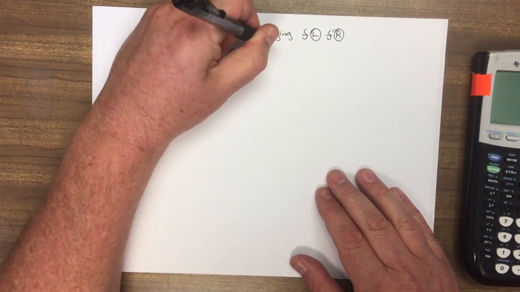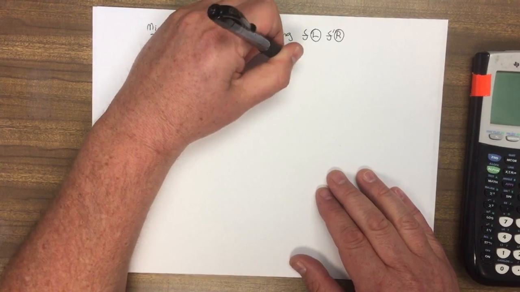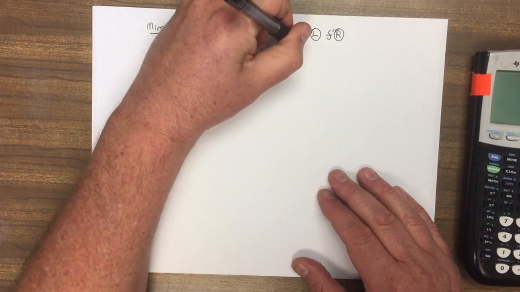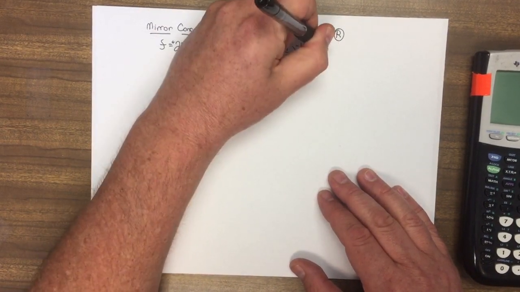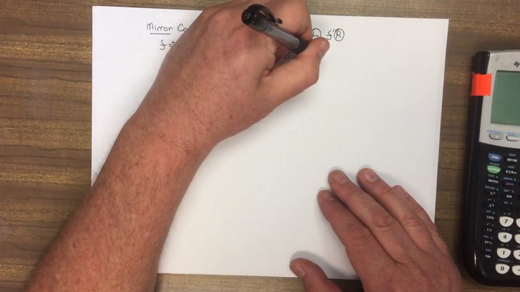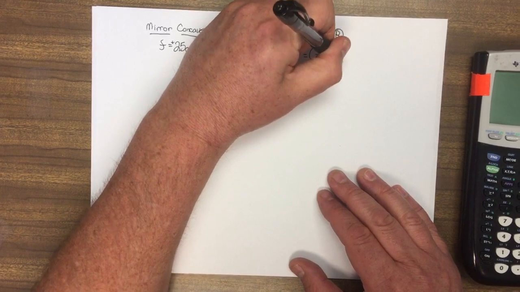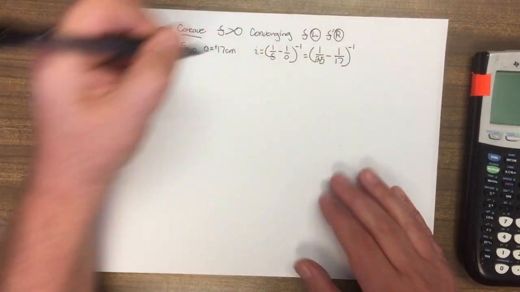So I is equal to 1 over f minus 1 over o. I know that's an object, not a 0, so I'm content with writing it that way. That makes it 1 over 25 minus 1 over 17, inverted.